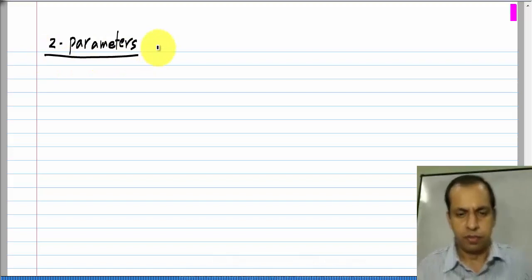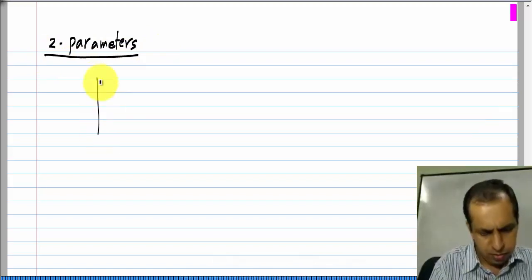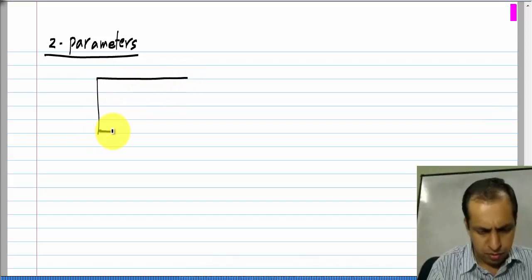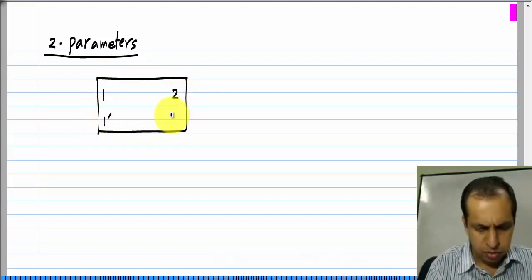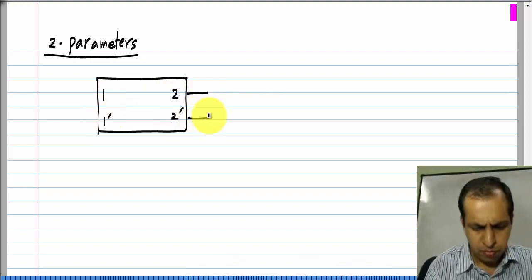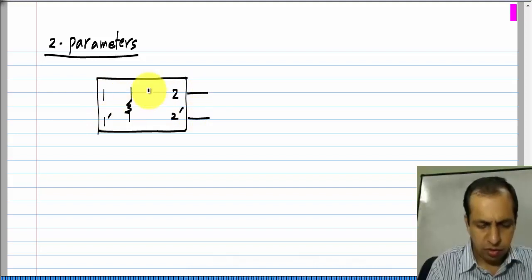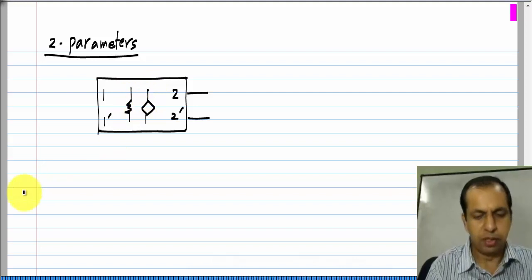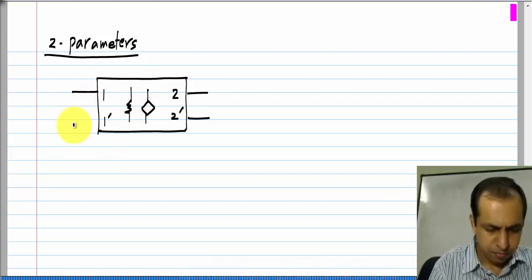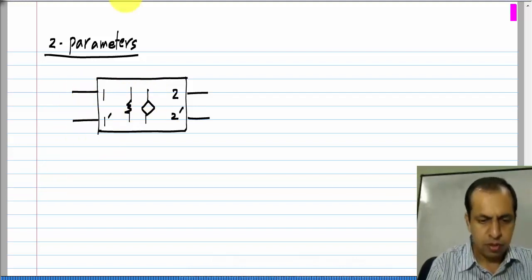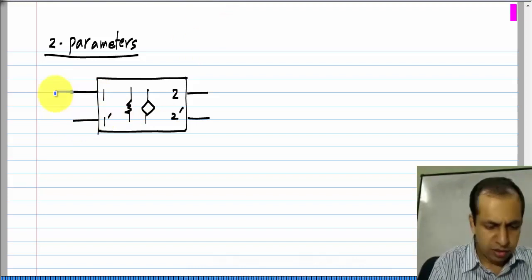And in case of Z parameters, let us say we have a two port. Naturally, this can contain all linear elements, but no independent sources. So, we think of currents as independent variables.